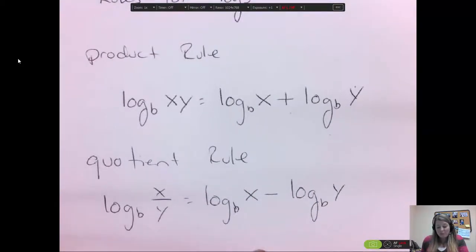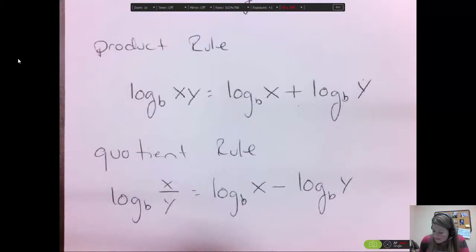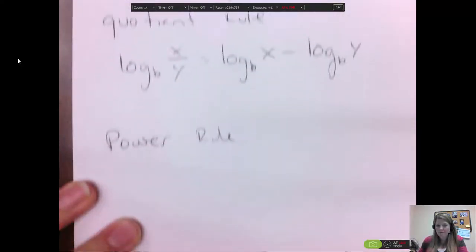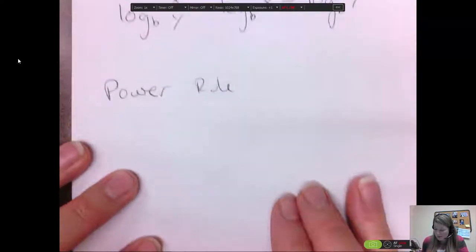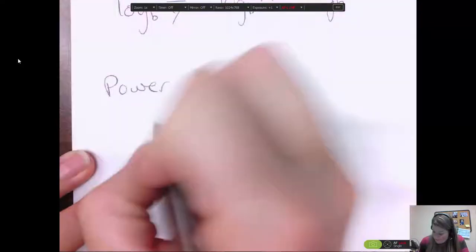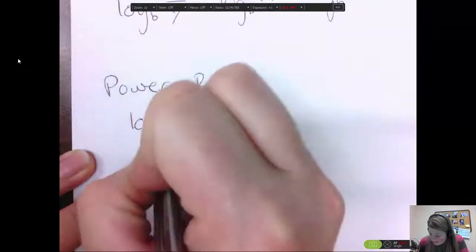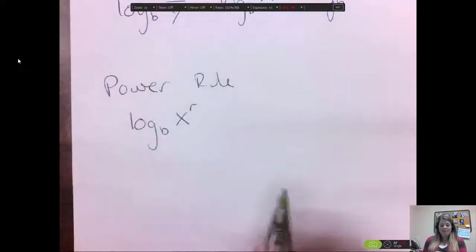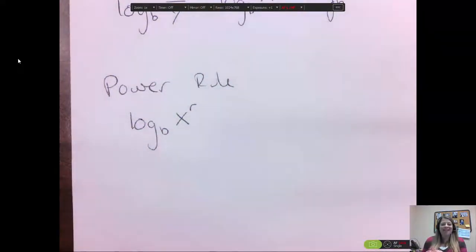The next one is our power rule, and man, this helps us solve lots of equations. The power rule is going to tell us that if we have log base b of, I don't know, x to the r power, we can bring it down and multiply.